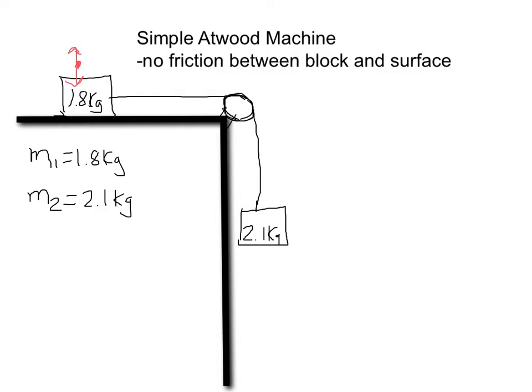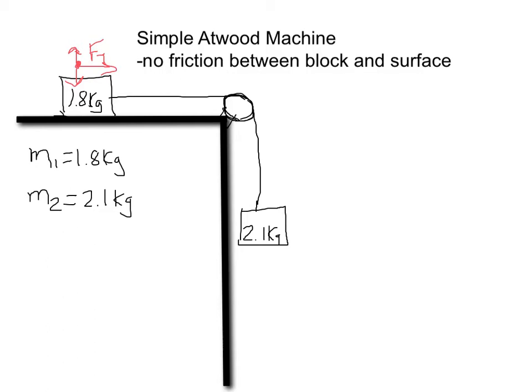What I am concerned about is the motion to the right, because as the 2.1 kilogram mass is going to fall, it's going to accelerate the top block towards the right. So there's going to be some sort of force of tension that's going to pull this guy off in that direction. And as we said, there's no friction. If there was friction, then there would be a force moving backwards here, but we're going to leave it right now with no friction.